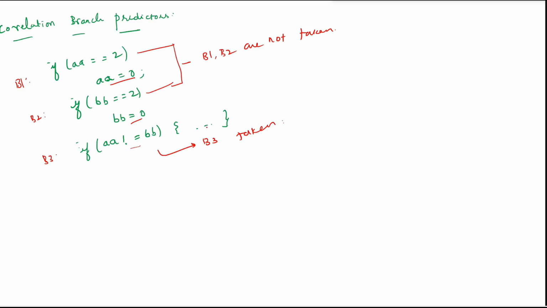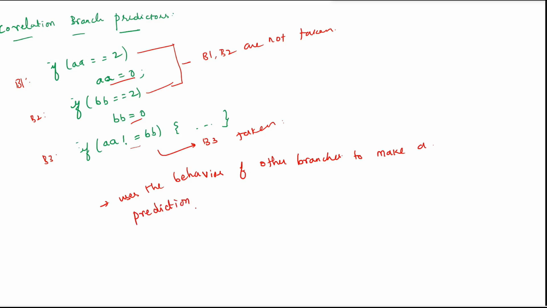This is what happens when you go with the correlation branch predictors. A correlation branch predictor uses the behavior of other branches to make a prediction.